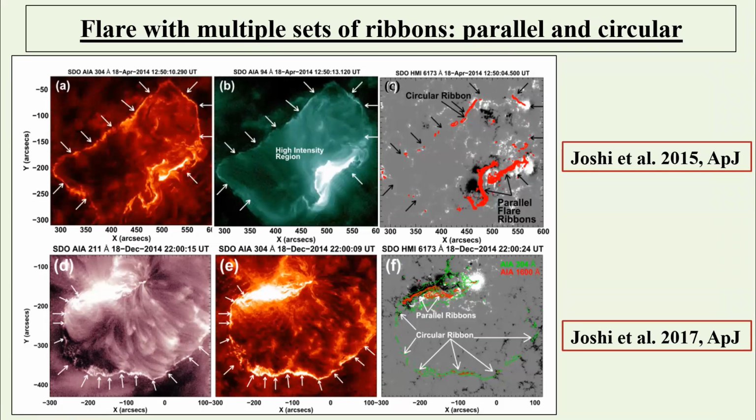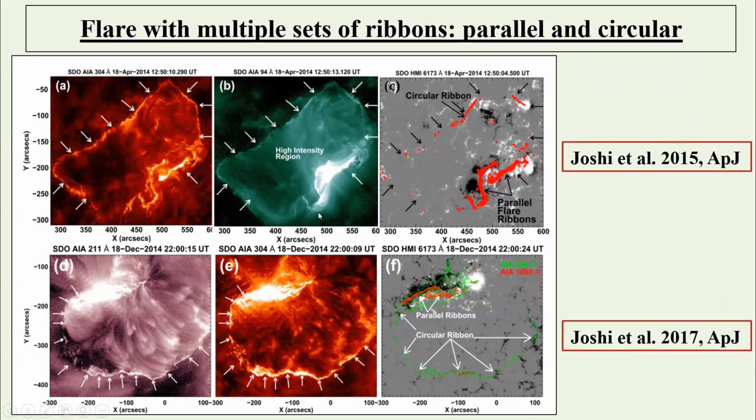Both different kinds of configuration are there, and it is also satisfying the models that predict the parallel flare ribbons, as well as the model that predicts the circular flare ribbons. There's another paper that we published along the same line in 2017. There we also found the parallel as well as the large scale circular ribbon.